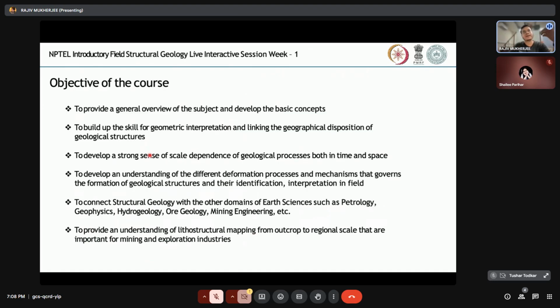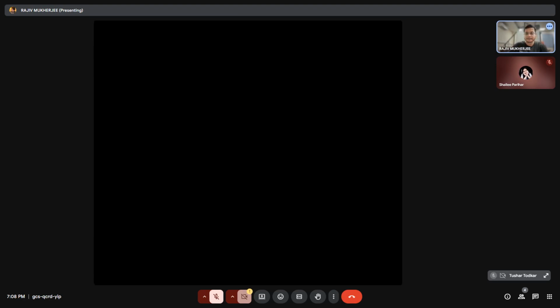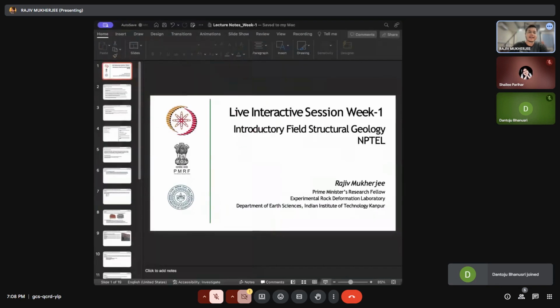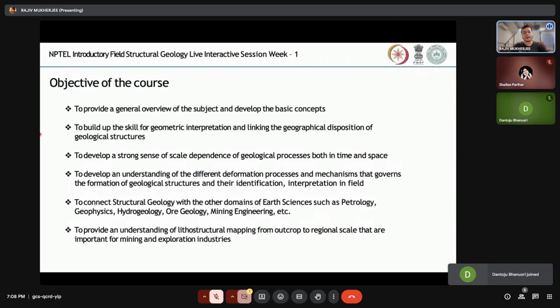And in the field, we generally see the results of a finite deformation where multiple phases might be overprinted because of multiple phases of deformation at different times. And then we interpolate the sequence of events from consecutively measuring the structural elements or the structural attributes.